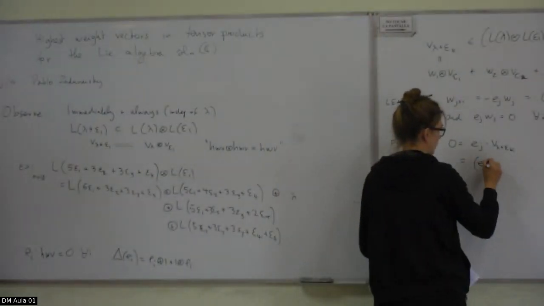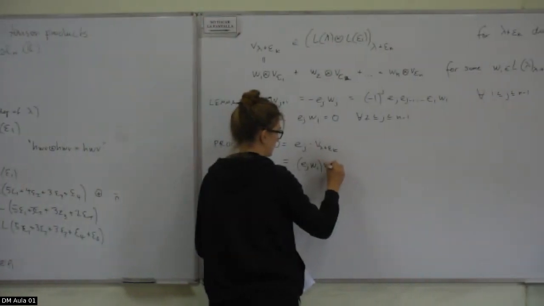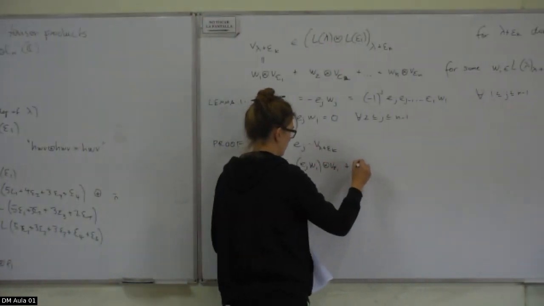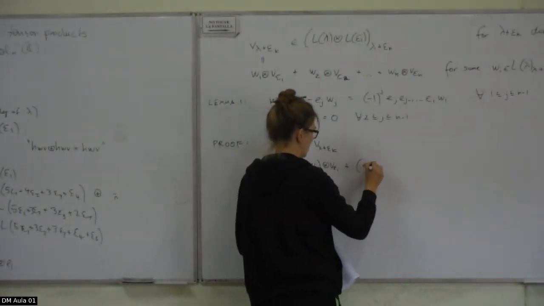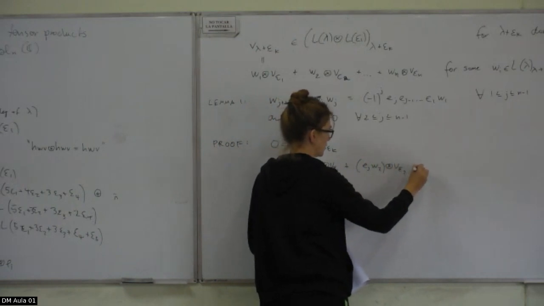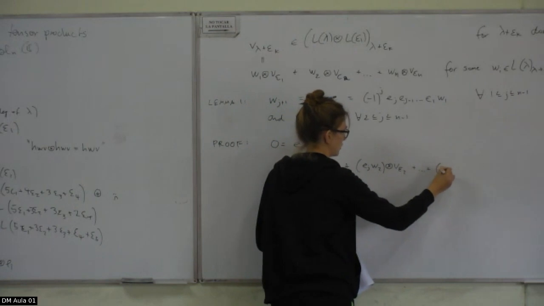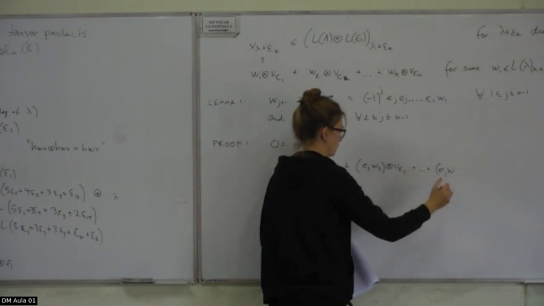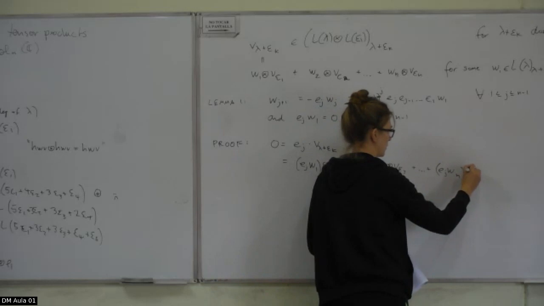So that would be E_j W1 tensor epsilon 1, plus E_j W2 tensor epsilon 2, and so on, E_j W_n tensor epsilon n.